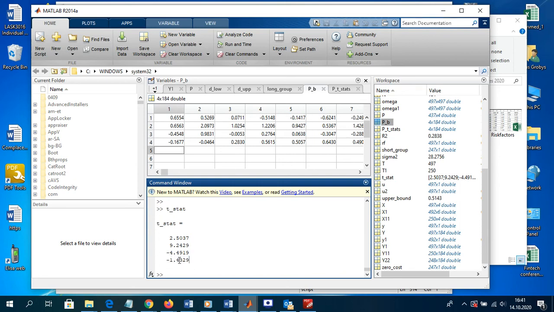Now it's minus 1.43. So if we use the standard t-statistics, we would argue on the 10% level that this stock is a growth stock, because minus 1.88 is still significant at the 10% level, but minus 1.43 is not.